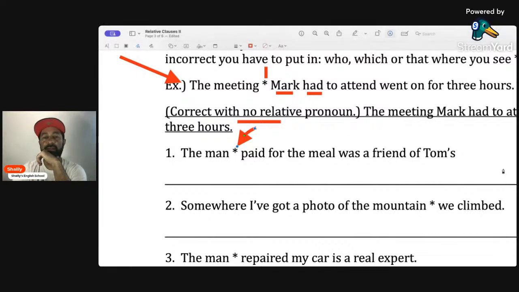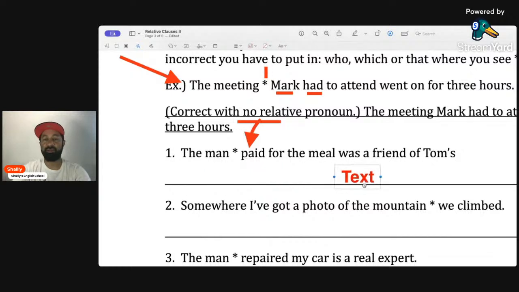Okay, so this one here, if you notice, after this asterisk, the first word is a verb. It's a verb. There's no subject here. So in this situation, we do need to put the relative pronoun. So I always like the relative pronoun that, right?